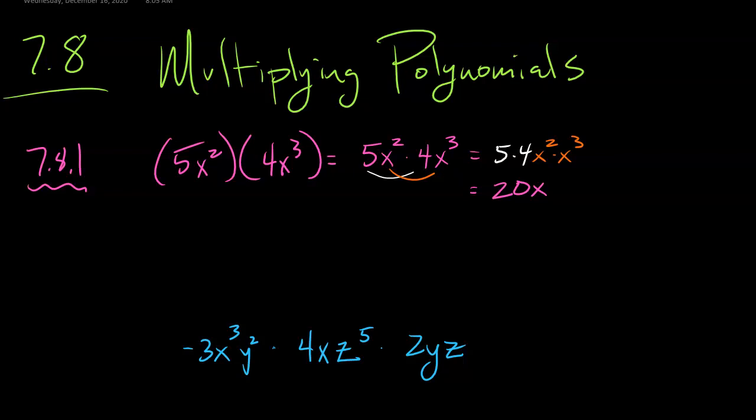Does anybody remember what we do with these powers when the bases are being multiplied? Or did these double 4-day weekends in a row basically make you guys forget everything? I wonder if that's a possibility. So if we have x squared times x cubed, we're going to add their powers together. So 2 plus 3. So you'd have 20x to the 5th.